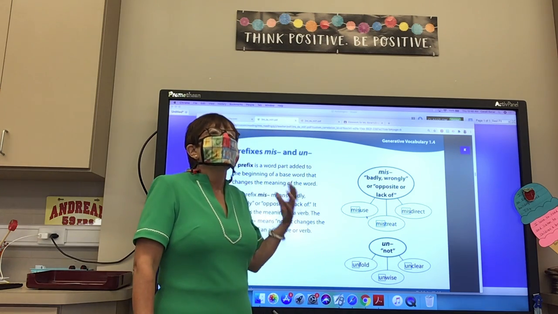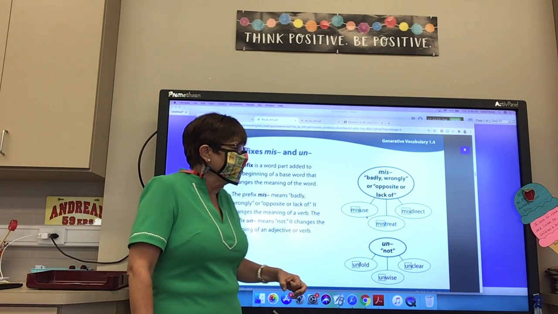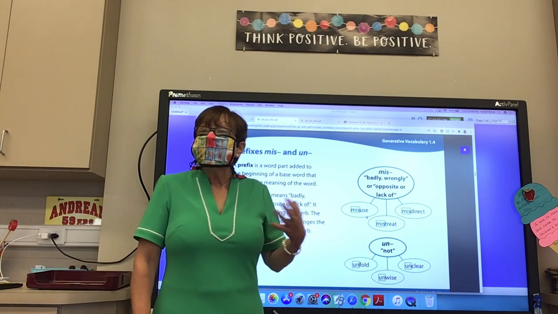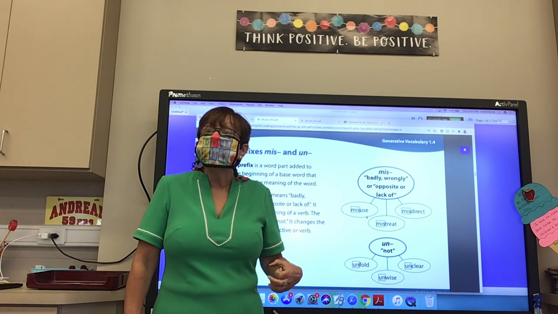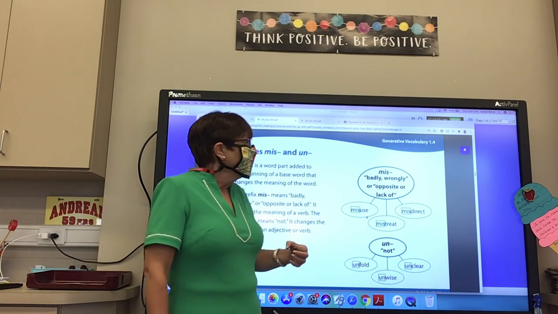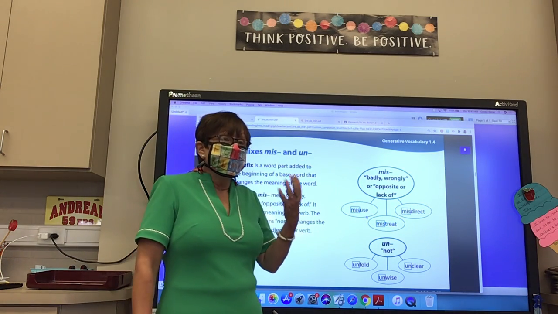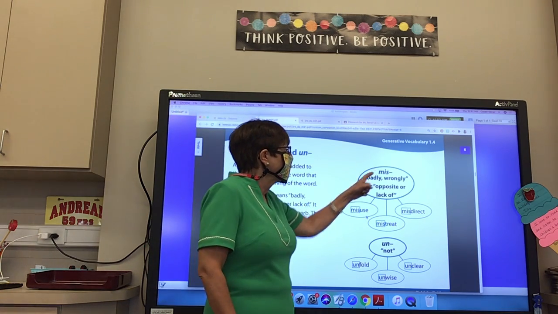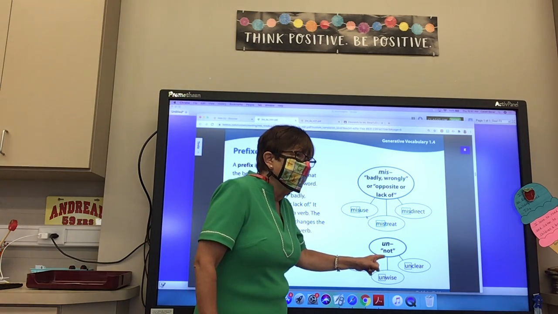It's not clear. Very good. So when we add a prefix to a word, it changes the meaning of the word. We're going to work on two prefixes this week. We're going to work on mis, and we're going to work on un.